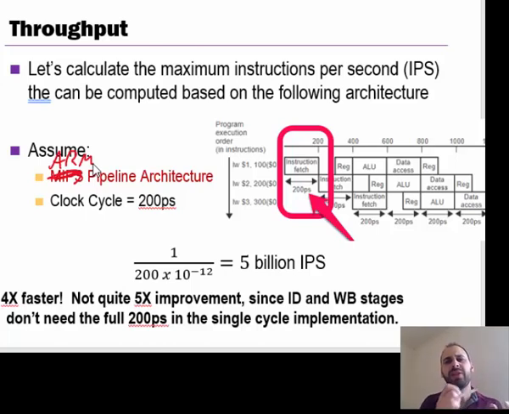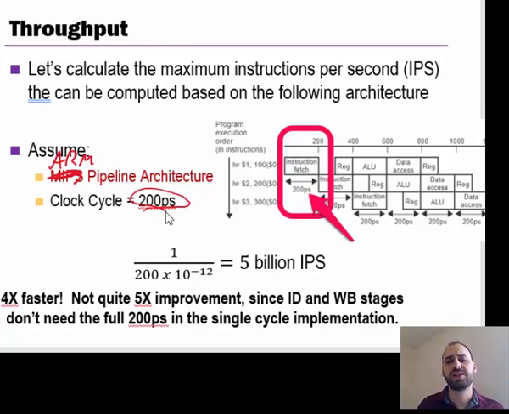Ignoring the first 4 clock cycles where the pipeline's filling up, when you're running billions and billions of instructions and that pipeline's full, every clock cycle, ignoring some assumptions to make this more realistic down the road, we are going to finish one instruction.